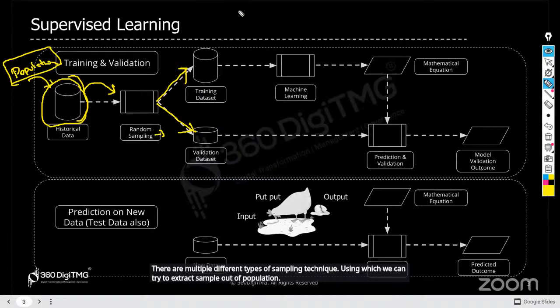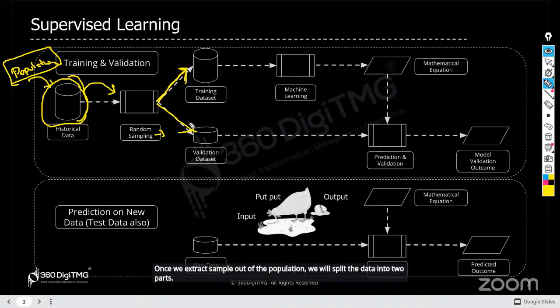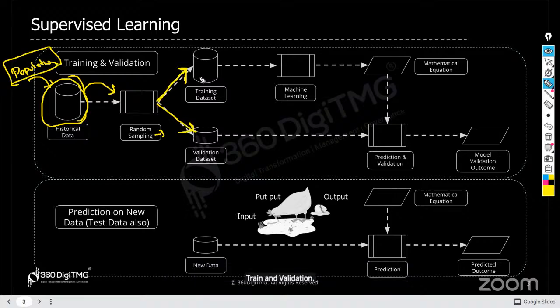Once we extract a sample out of the population, we split the data into two parts, train and validation. The train part we feed to our machine learning model.